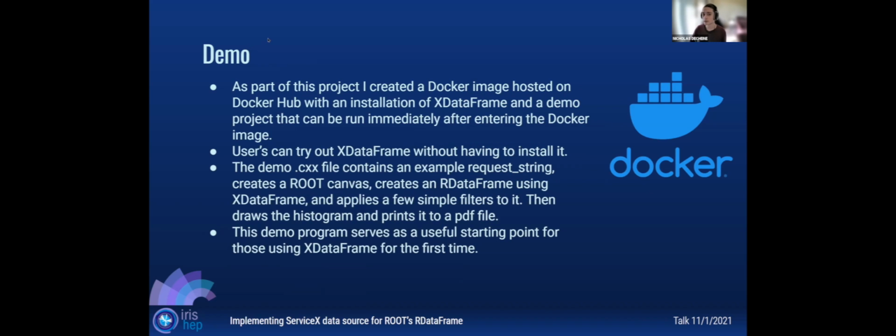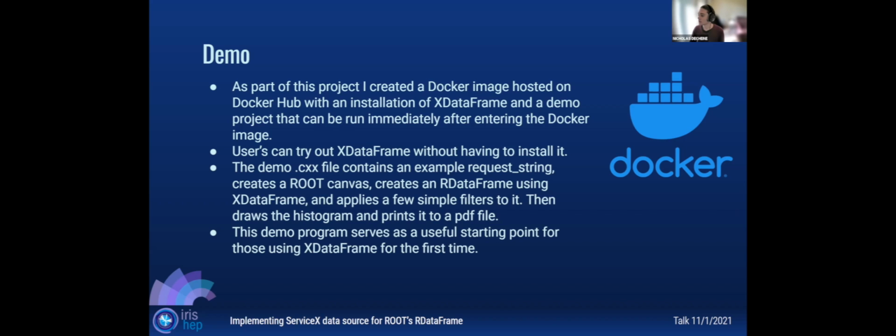As part of this, I've created a demo in the form of a Docker image that can be pulled from Docker Hub. So a user can try out RDataFrame without having to install anything except pull the image and enter into it. There are instructions on the repository README.